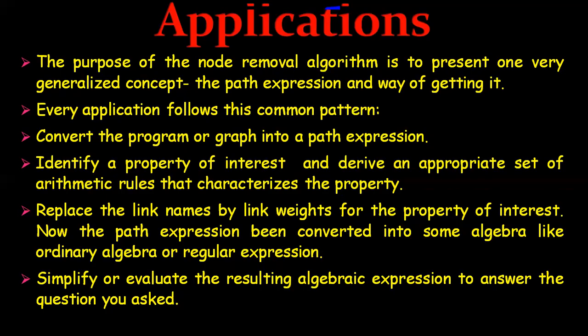Over the set of all paths, these algebraic expressions summarize the properties of interest, or we simply evaluate the resulting algebraic expression to answer the questions we ask. A question can be something like: how many paths are there in this particular flow graph? Of course, this question is not as simple as it looks.